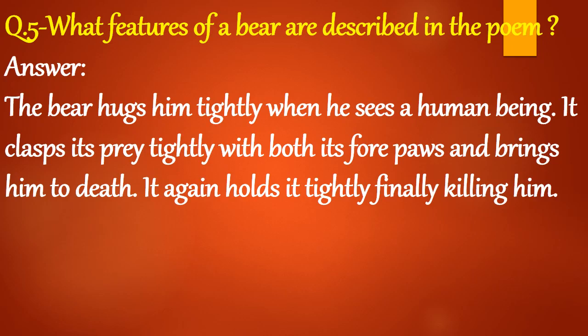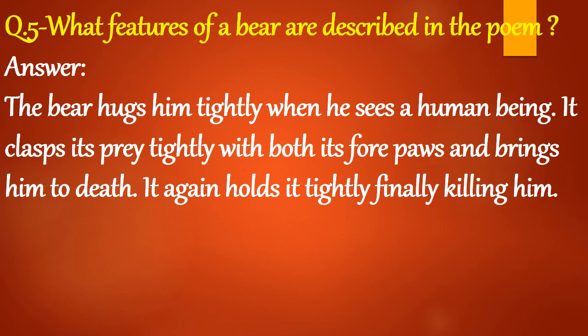Question number 5 is, what features of a bear are described in the poem? In this poem we have read about different wild animals, in which we have also read about a bear. So here we have to write the features of a bear described in this poem.